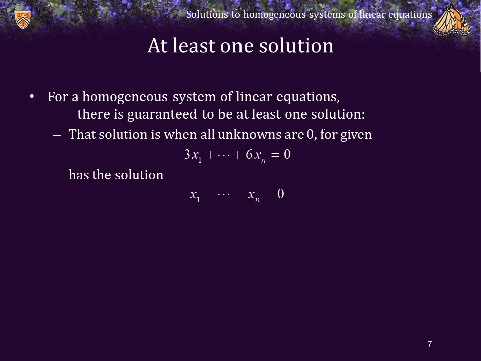So, for example, given this homogeneous linear equation, that equation is satisfied when all of the unknowns are assigned the value 0.